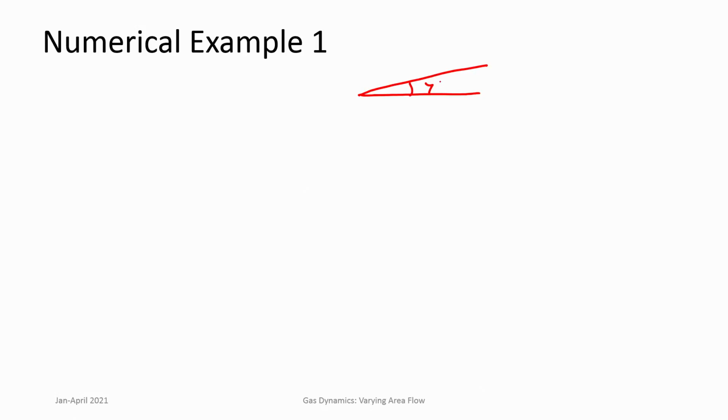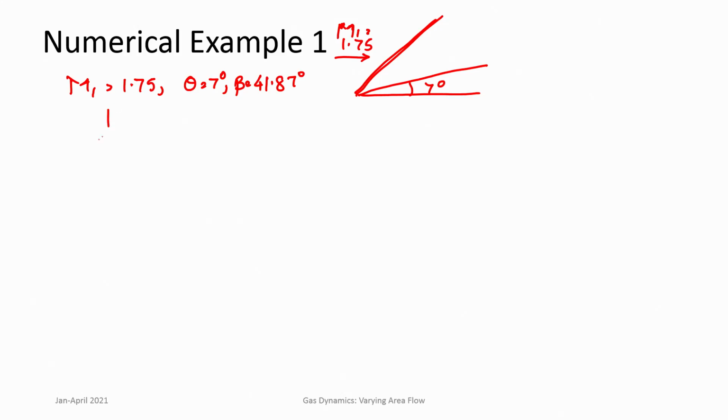The semi angle of the wedge is 7 degrees, and corresponding to that there is an oblique shock. M1 is 1.75, theta is 7 degrees and beta is 41.87 degrees. So this is what is known.